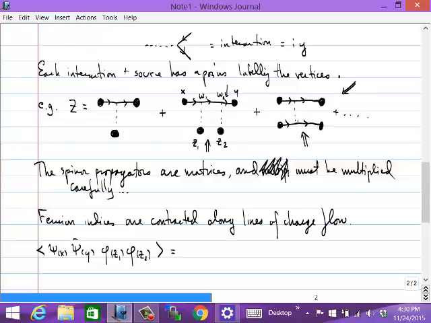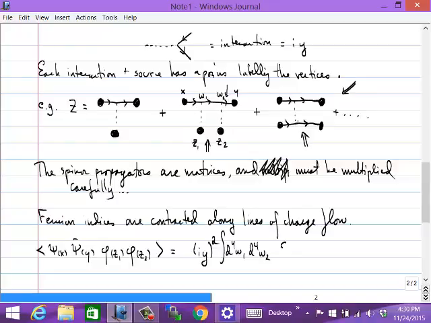Then in order to compute the contribution to this correlation function, coming from that Feynman diagram, what do we need to do? Well, we get two factors of the coupling constant. So we have 2 powers of i times y. We need to integrate over the locations of the interaction vertices. And then we get 3 powers of the fermion propagator. Okay?